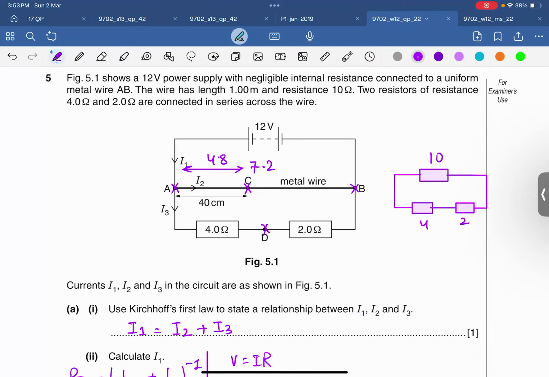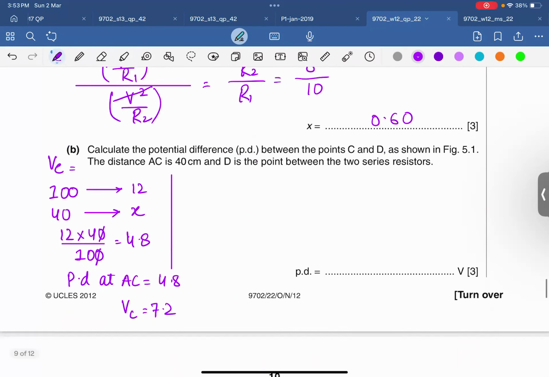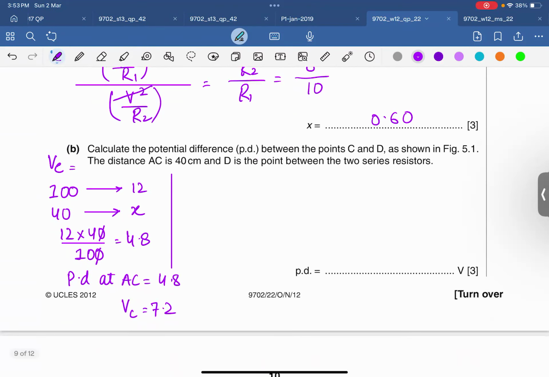Now you have to do the similar working for D. The potential at D is equal to the resistor divided by total resistance, which is 6, times 12. So ones are, twos are, fours are. So the potential at D is 4.